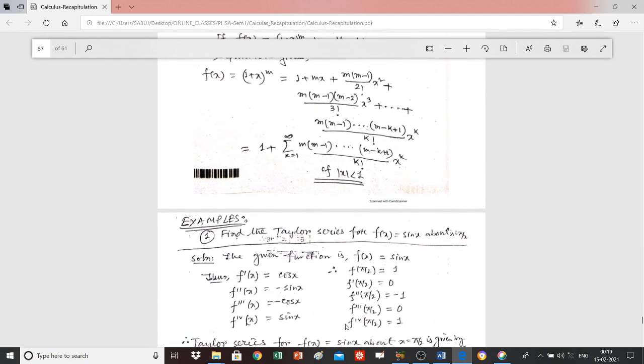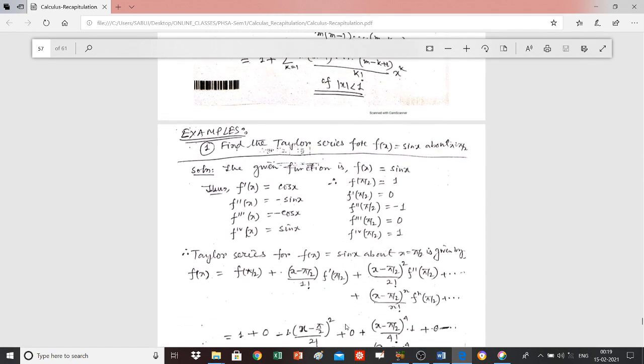So examples are here. Find the Taylor series expansion of f(x) is equal to sin x about x is equal to pi by 2.